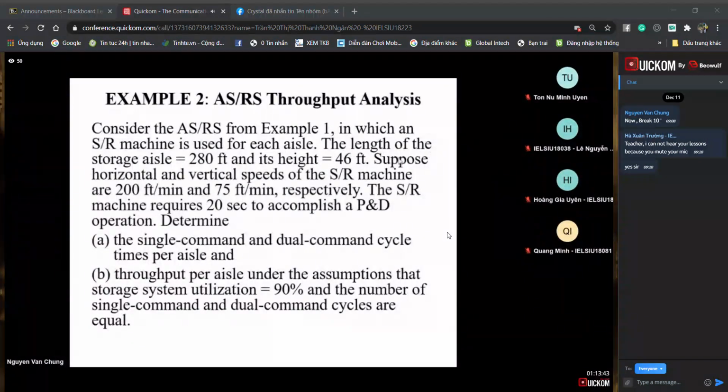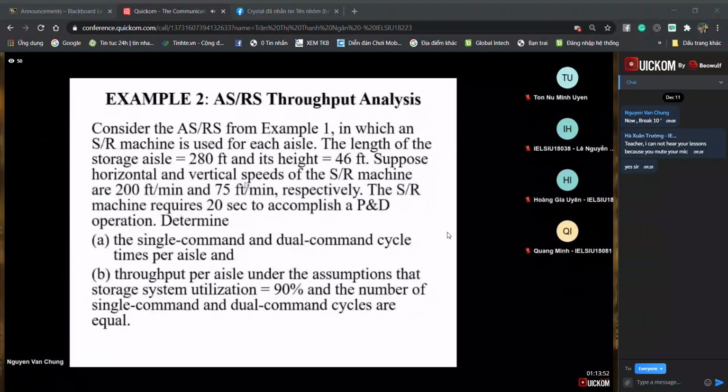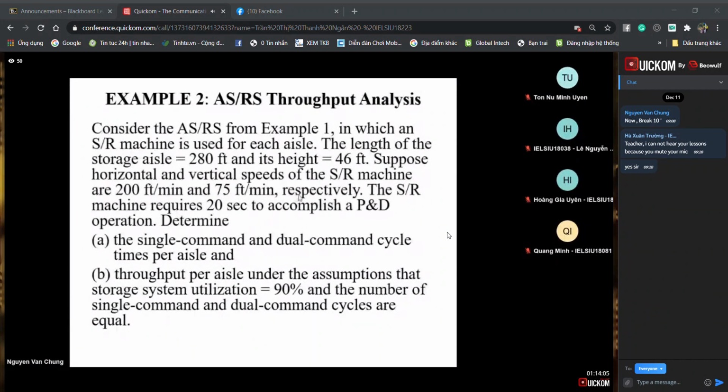The length of the store and the height are given. Suppose the horizontal and vertical speeds, the velocities of the SR machine, are given, horizontal and vertical respectively.